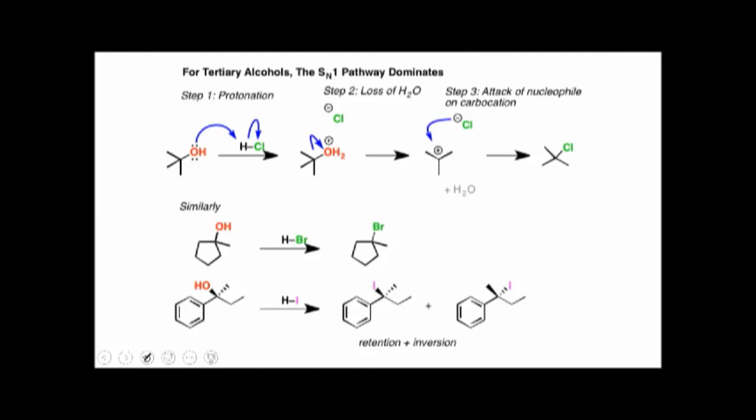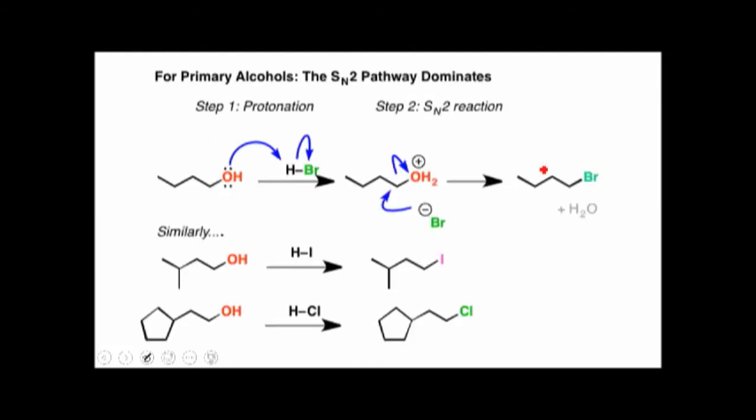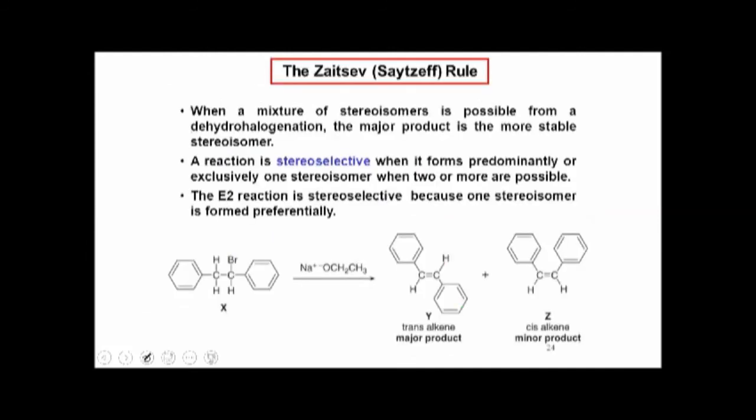So the best way is for you to look at the type of alkyl halide, and then what sort of mechanism it will involve. This is the SN1 pathway, so tertiary alkyl halide. Then this is where the primary alkyl halide SN2 pathway will dominate. This is the Zaitsev rule.